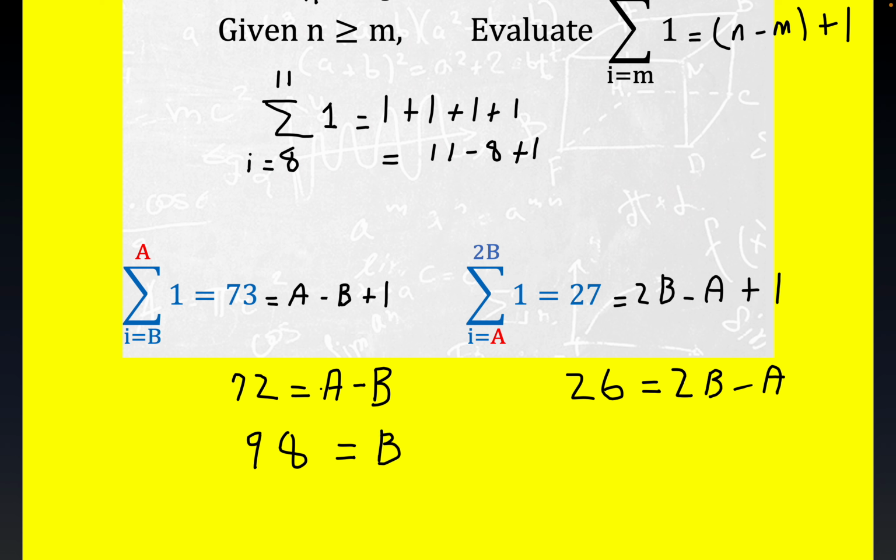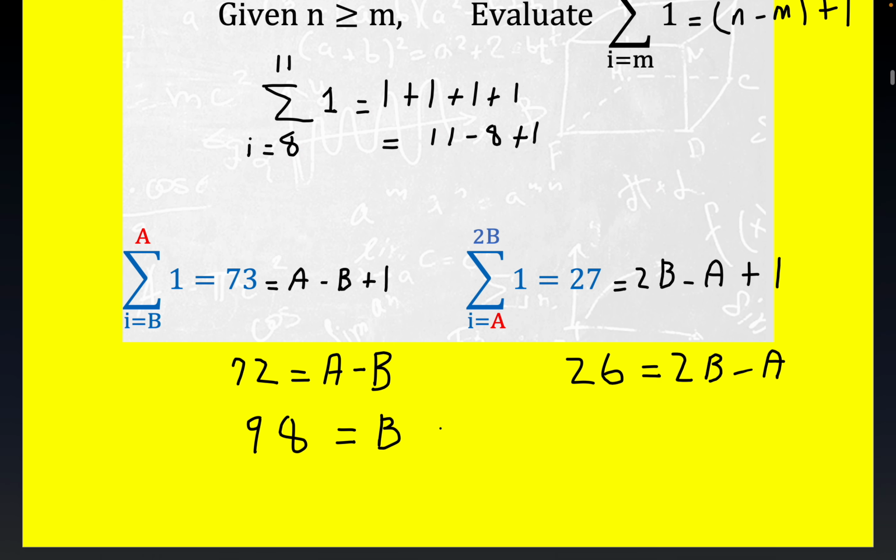If we add this equation to this equation, the minus a is going to cancel with the plus a. We'll add the minus b to the 2b to get the b that you see right here. Then 72 plus 26 is equal to 98. So we know that b is equal to 98.